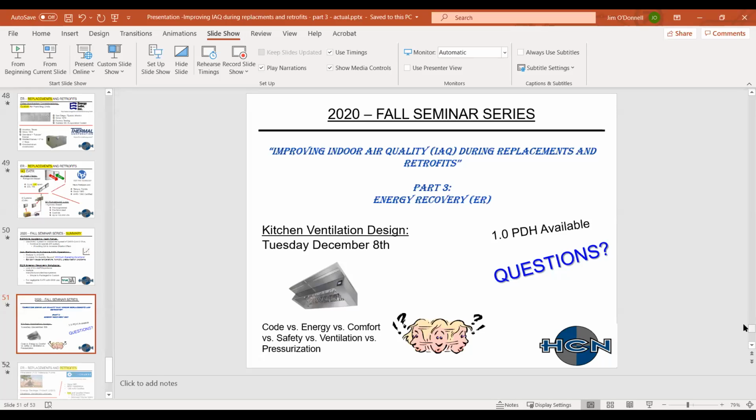Okay. So typically the energy recovery unit is sized for the amount of outside air. That outside air operation is used in cooling and heating. As your ambient temperatures get closer in temperature and humidity to your space conditions, that is when you would back off the use of your energy recovery wheel and open up these dampers.